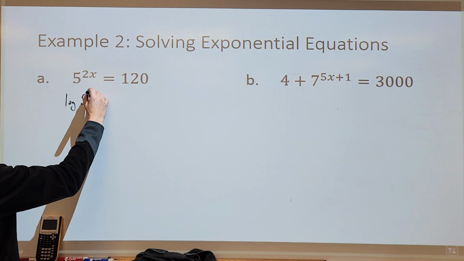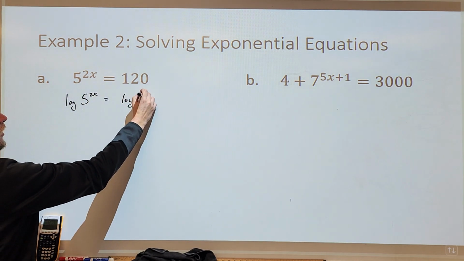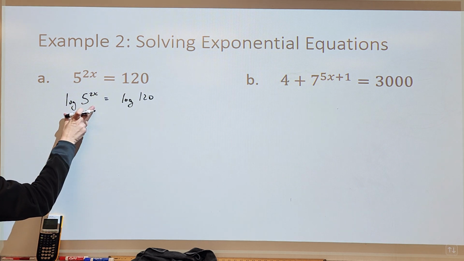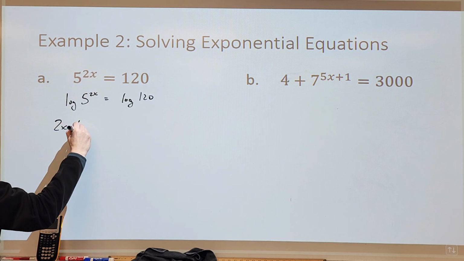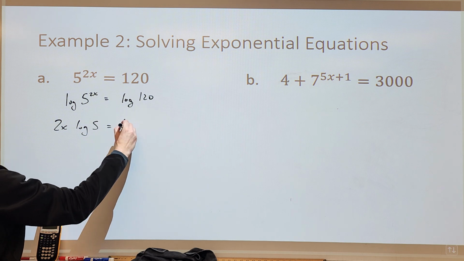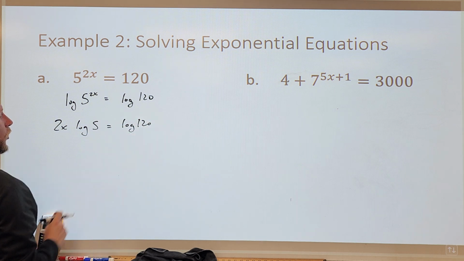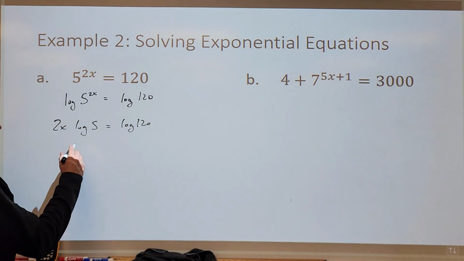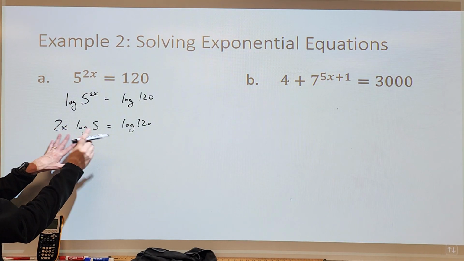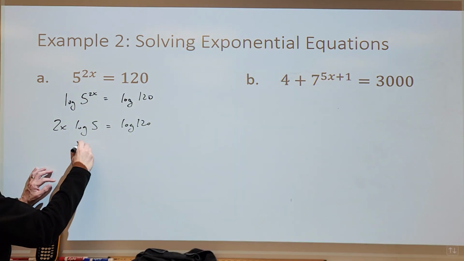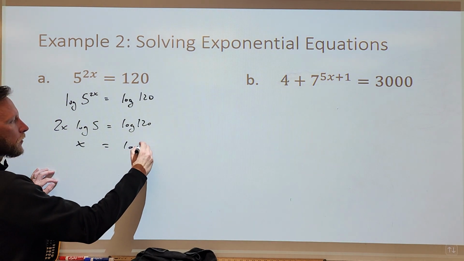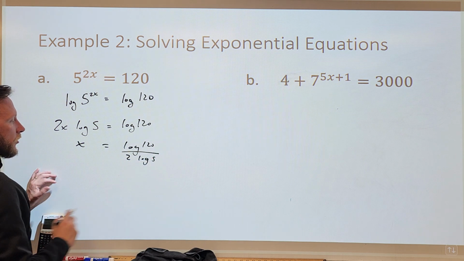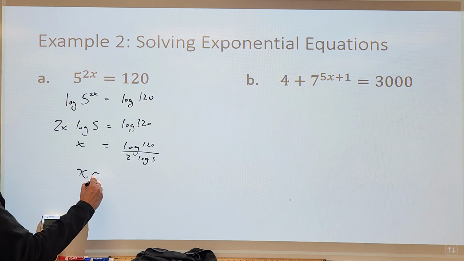If I take log base 10 on both sides, then that is going to give me this situation where I can now use the power property to bring that exponent down. If I want to get x by itself, I can divide by 2 and I can divide by the log of 5. So if I divide both sides by 2 log 5, I would have this equation, and that would let me approximate x.